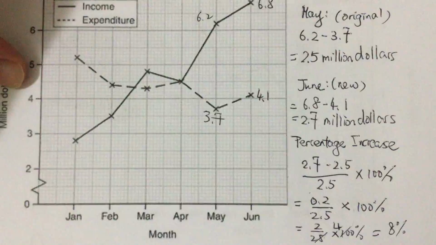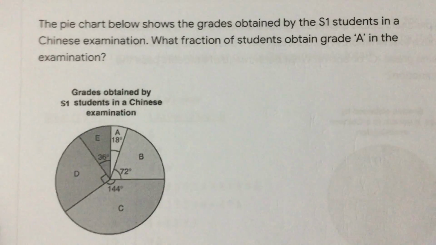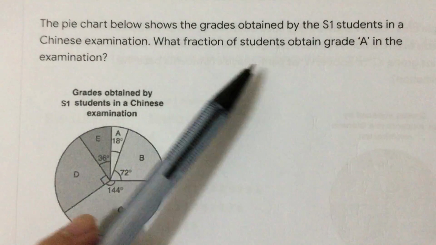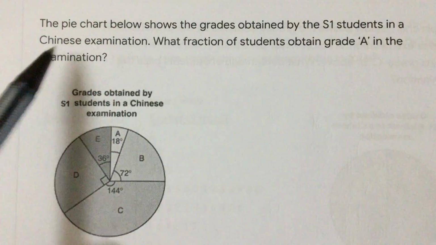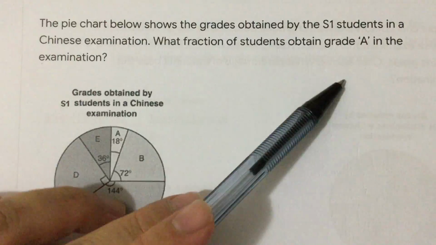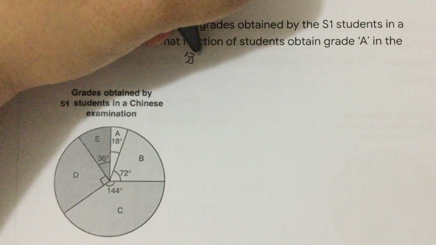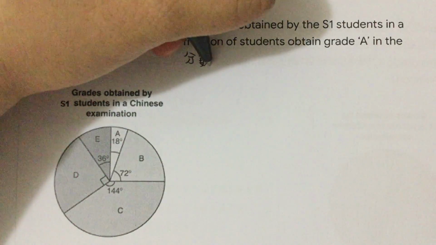And then after that, we will go to the pie chart. Okay, this is the pie chart. The pie chart below shows the grades obtained by the S1 students in the Chinese examination. What fraction of students obtained grade A only? A fraction in Chinese is called 分数. That means you have the numerator and the denominator.